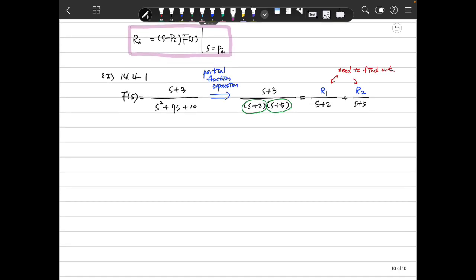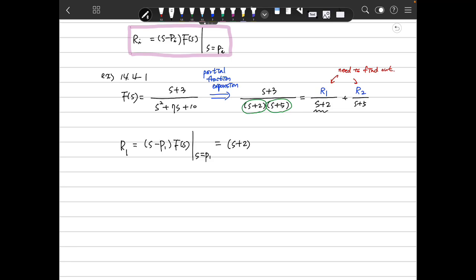So what is R_i? First is R1. R1 is (s - p1) F(s) evaluated at s = p1.